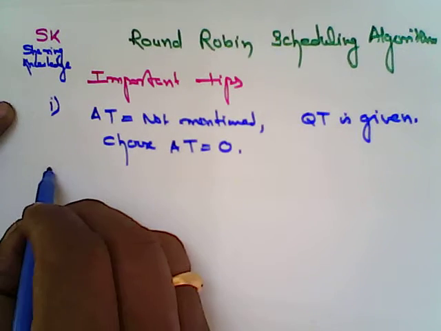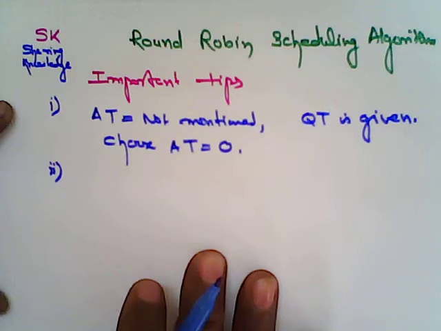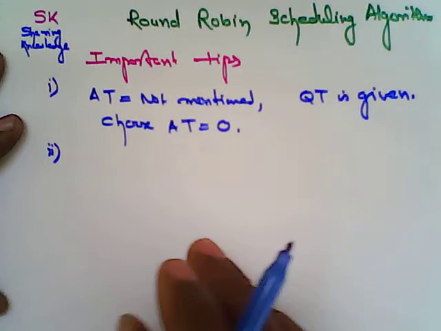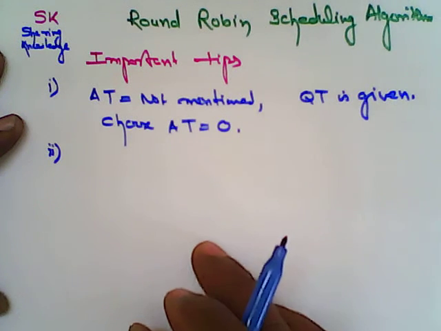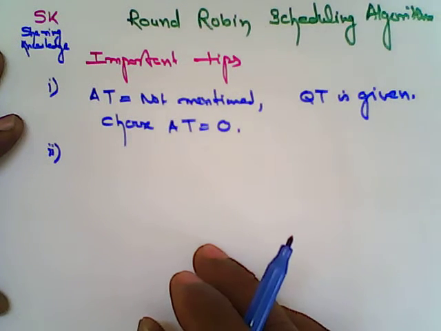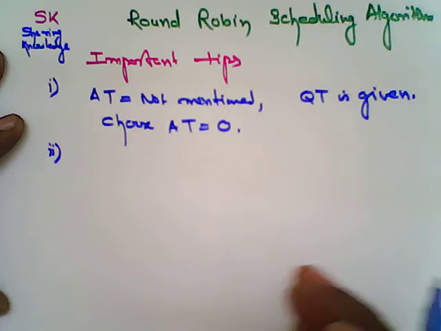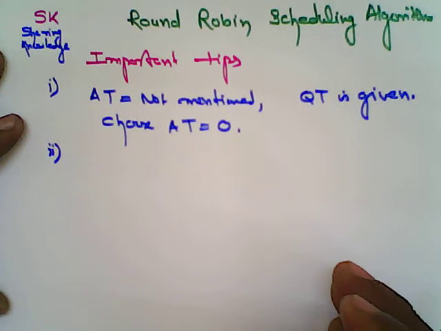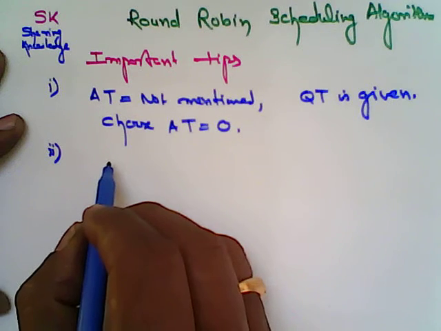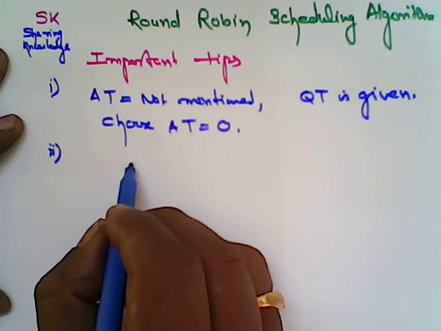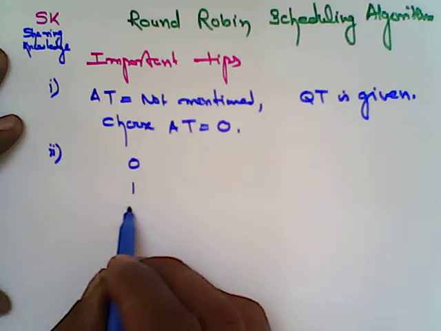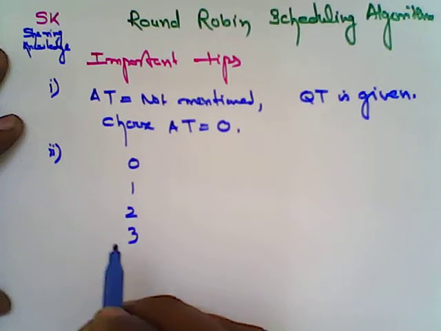The next case: assume that the processes, instead of being given in ascending order, have been put in a random order. Normally we write the processes as 0, 1, 2, 3 like that.